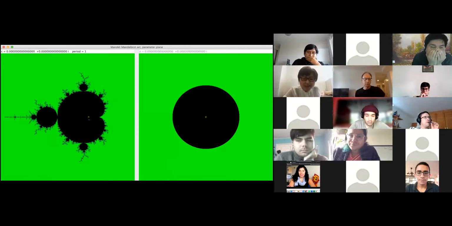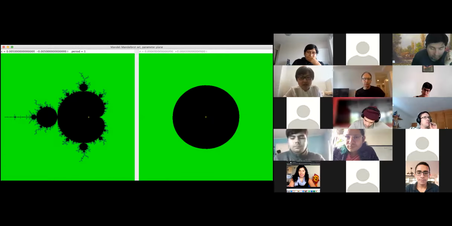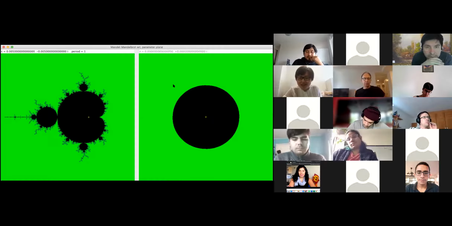Now you can see the yellow cross is at the point where the complex parameter equals 0. So this point represents the polynomial z squared, and you can see the Julia set is the circle. The green part on the right-hand side is the Fatou set, and the black part is the filled-in Julia set. So its boundary is the Julia set.